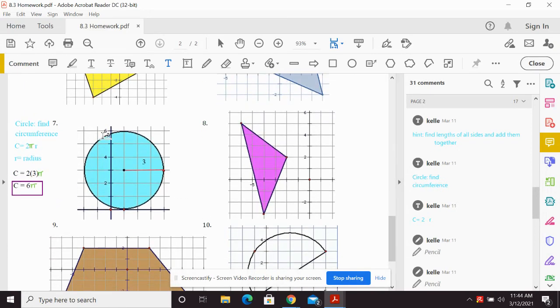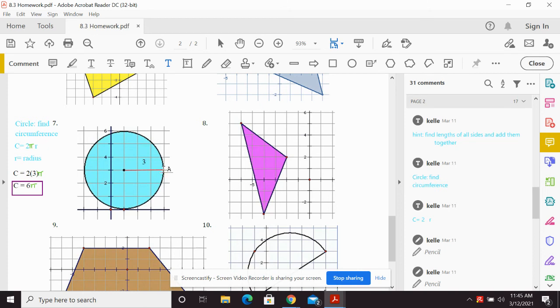The perimeter of a circle is called the circumference. I gave you the equation: the circumference is equal to 2 pi r. So the first thing you have to do is find the radius. The diameter goes all the way across, and the radius is half of that.